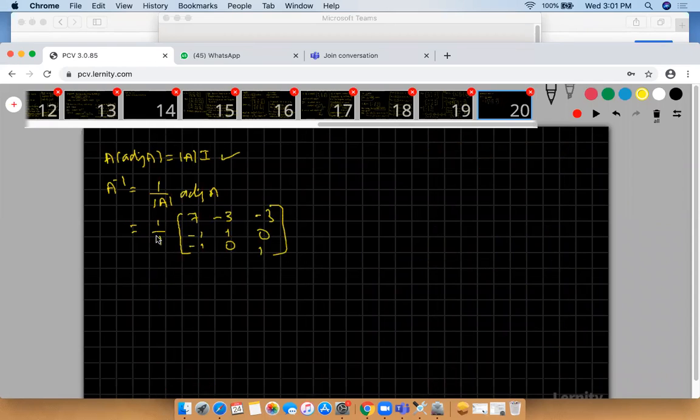You want this 1 by 1, that is 1 only. Multiply this 1 inside, you will get the same matrix. So therefore your inverse is 7, minus 3, minus 3, minus 1, 1, 0, minus 1, 0, 1. Okay, so this is your inverse of the matrix.